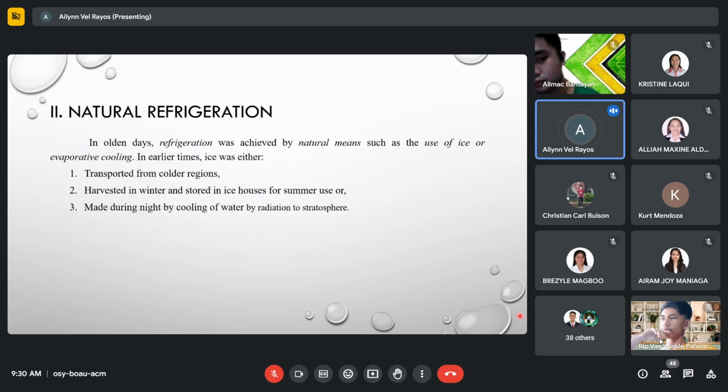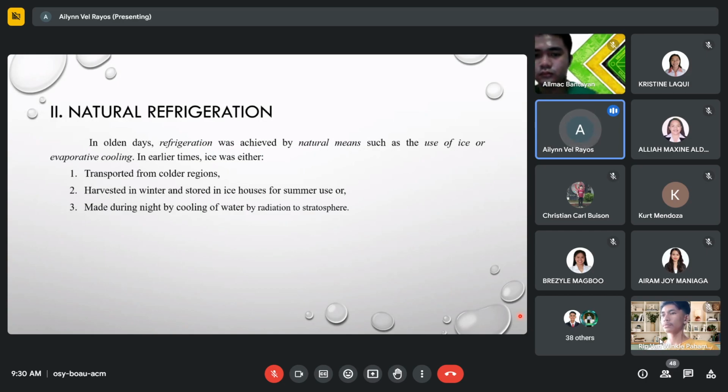So now let us move on to our natural refrigeration. So in olden days, refrigeration was achieved by natural means. Since, syempre, in older days, wala pa naman artificial refrigeration ng mga panahon yun.